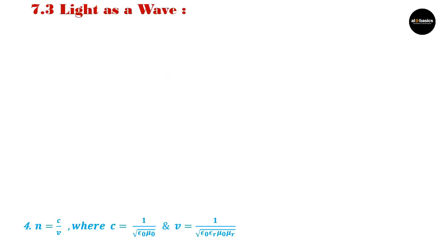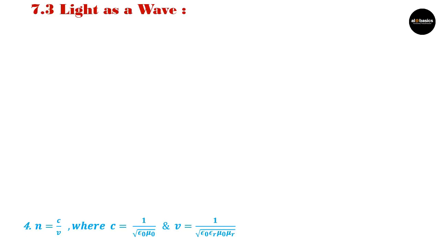Once the nature of light is considered as dual nature, and in that, when we consider light as a wave, it is considered as transverse waves or electromagnetic waves. Actually, we have studied electromagnetic waves in 11th standard. So we know what an electromagnetic wave is.